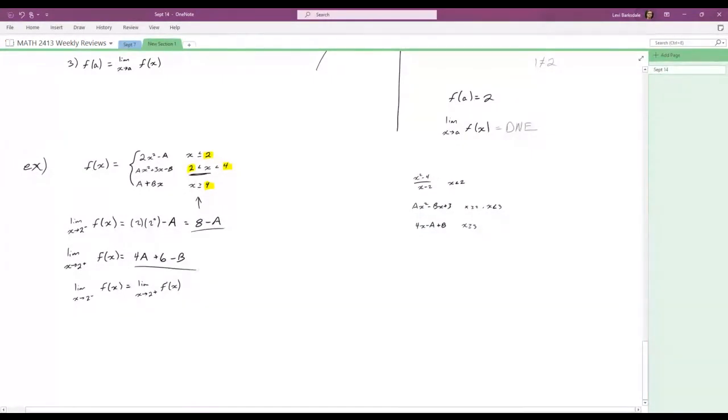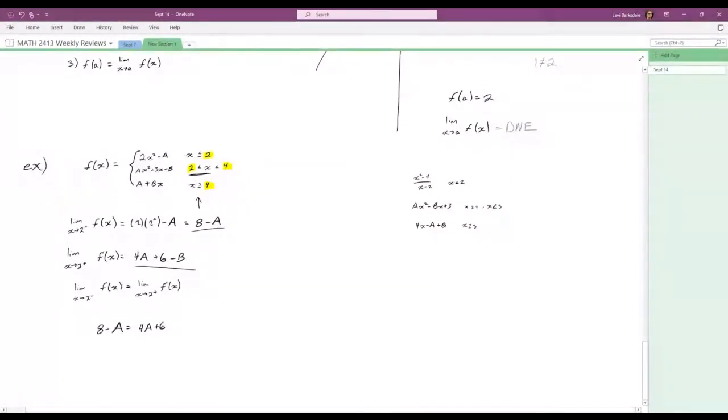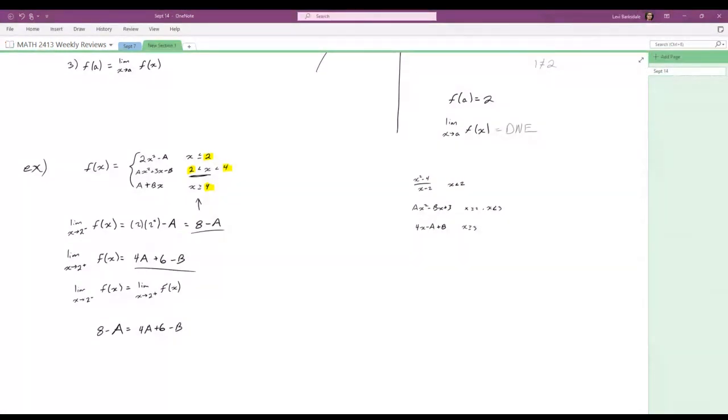So because we found the limits, we could say that 8 minus a is equal to 4a plus 6 minus b. Make sense? All right.